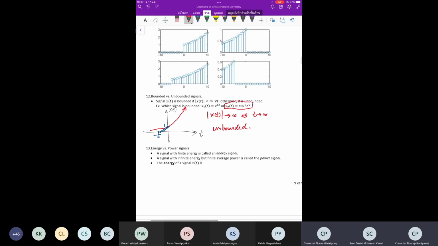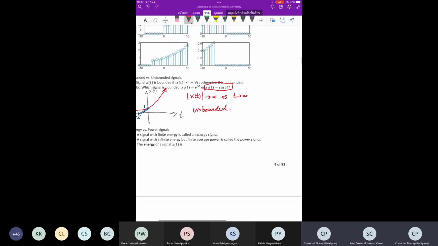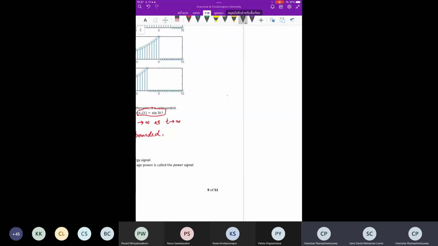How about x2(t)? x2(t) is sin(3t). How do you plot it? This is t, this is x2(t). It's just a sinusoid function. What's the period?